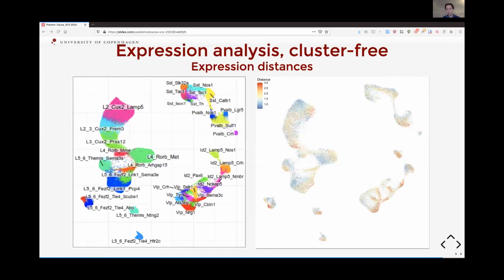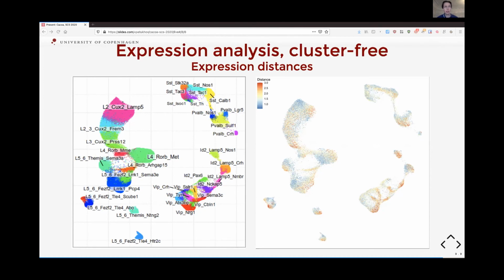Another thing we can do in a cluster-free way is expression distances. We can do them exactly the same way as below, but instead of using cluster centroids, we do it for every single cell using the same idea of local neighborhoods. And again, you can see that some subtypes are affected only in specific regions.